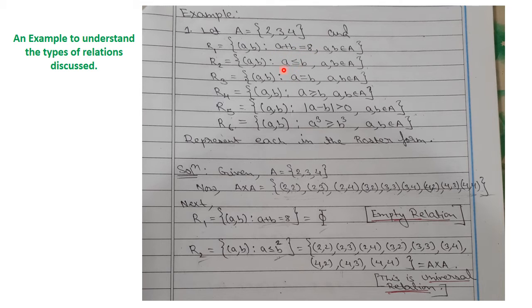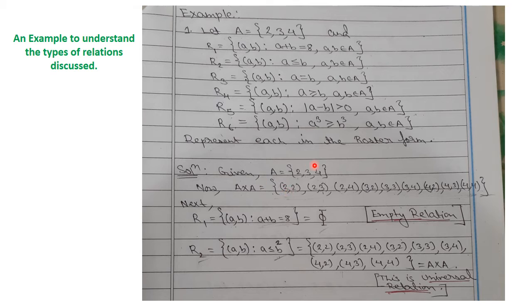For R2 I have defined the first component is less than or equal to the second. For R3 I have defined A is equal to B. For R4 I have defined A is greater than or equal to B. For R5 I have defined the absolute value of A minus B is greater than 0. For R6 I have defined A cube is greater than or equal to B cube. We need to write each in roster form.